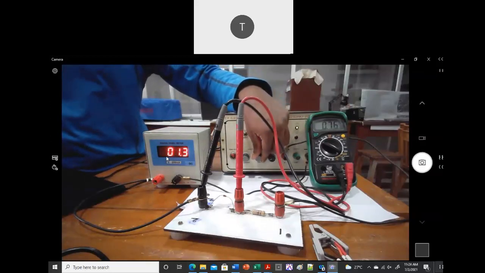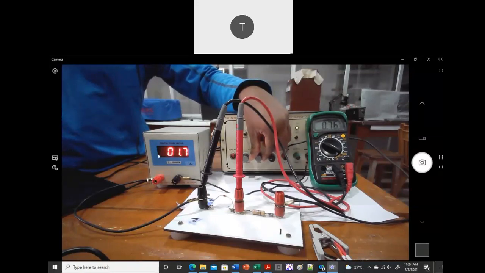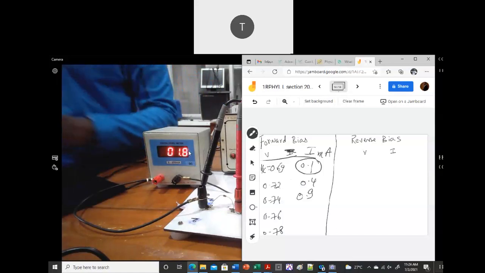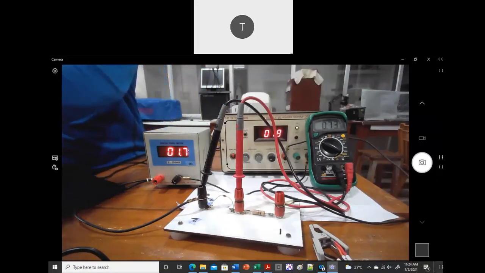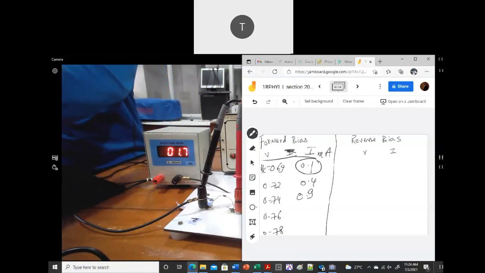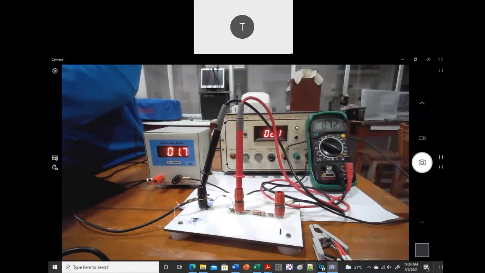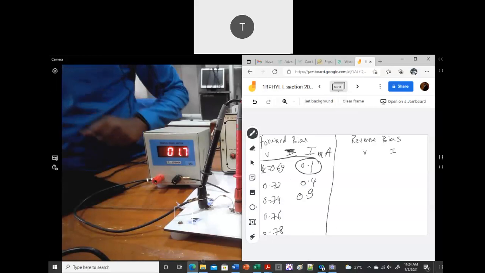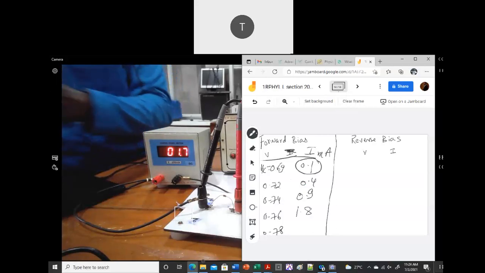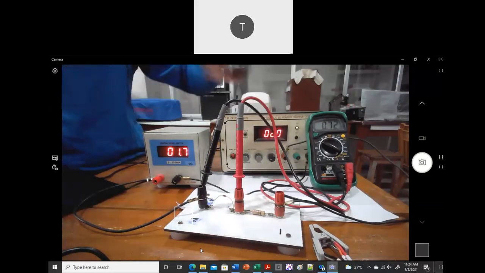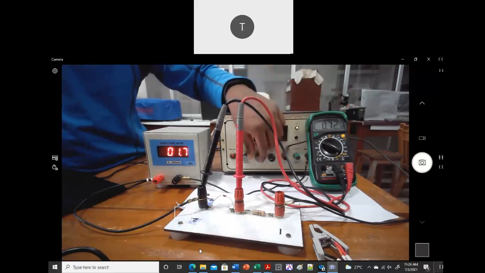Then I'll set 0.76, and now how much do I get for 0.76 on the meter? I'm getting almost 1.8, so I'm going to write it here. Then in the same way I will change it to 0.78 and so on.